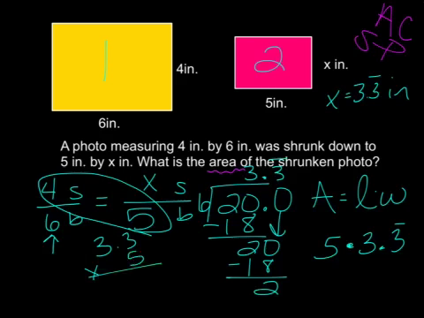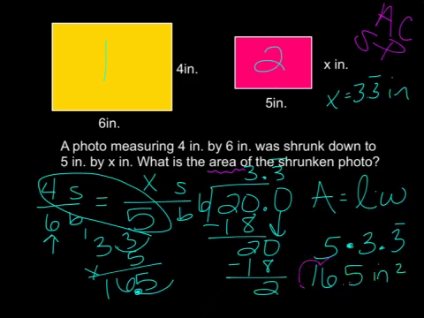So 5 times 3 is 15. Carry over my 1. 5 times 3 is 15 plus 1 is 16. I have 1 decimal hop. What happens at the top has to happen at the bottom. So I have an area of 16.5 inches squared. And that was my answer.